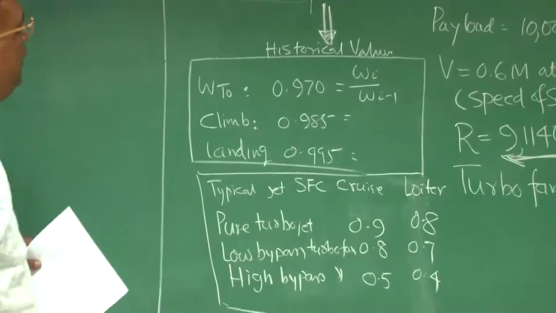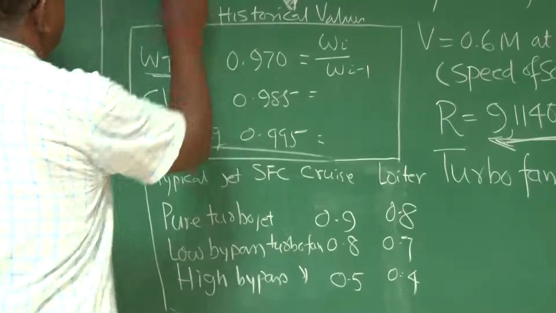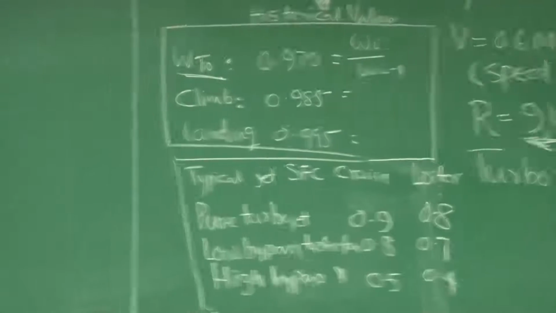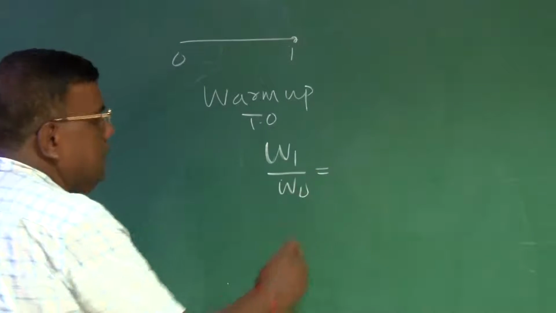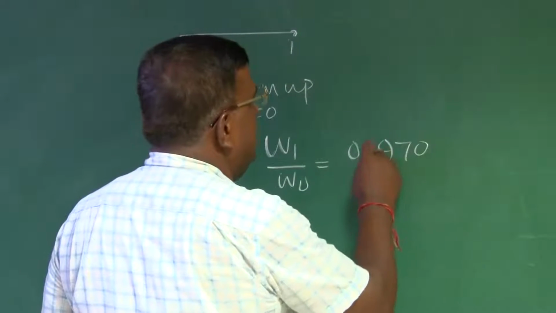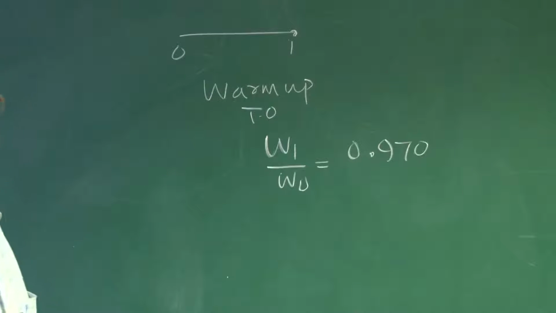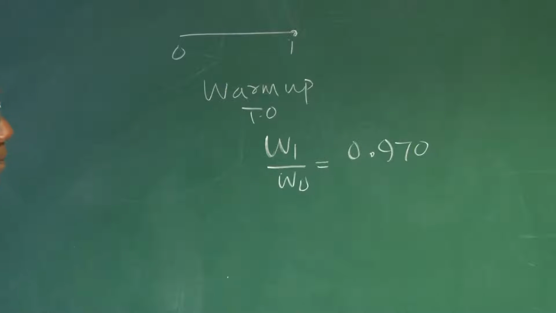The historical value, it has been recorded that generally for W takeoff, that is for 0 to 1, W1 by W0 is typically 0.970. This is a fraction, right? And at every initial design stage, we are taking this value.